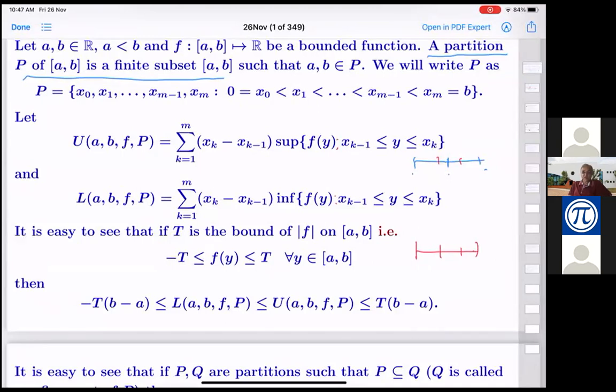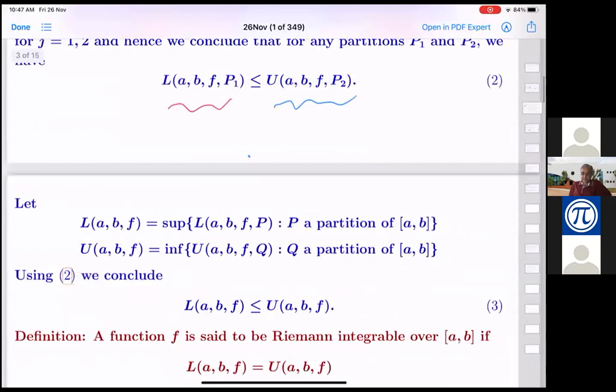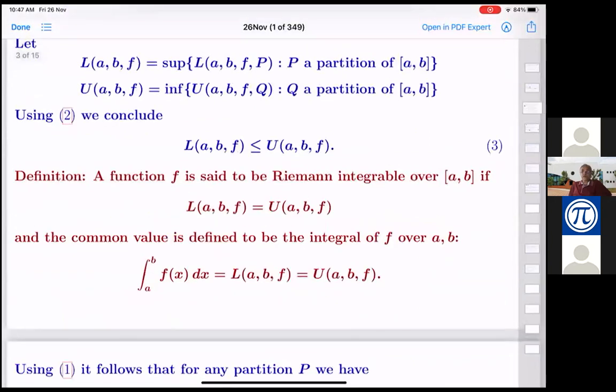Therefore, the supremum will also be the same, b minus a. So the simplest example of a Riemann integrable function is the constant function. We can keep coming up with more and more examples, but the simplest example I just mentioned.